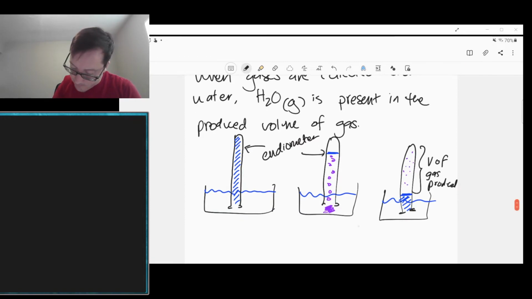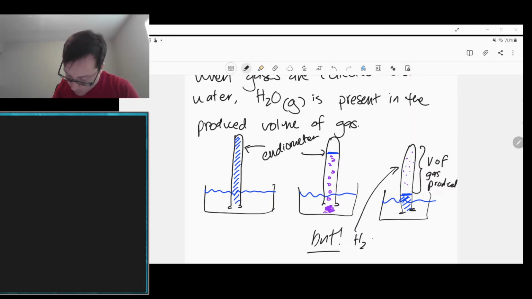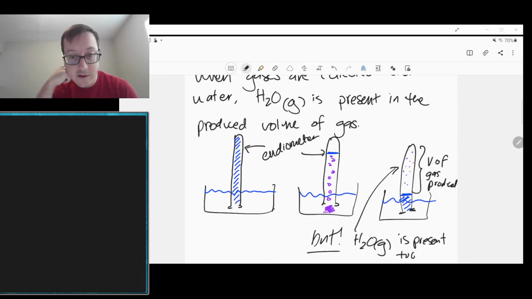So we always have water vapor present in here. Because we know water evaporates, right? Even though it's not necessarily 100 degrees, it doesn't have to be boiling. We know water will evaporate below that. And this is something that we're going to see when we talk about kinetic molecular theory in a little bit.